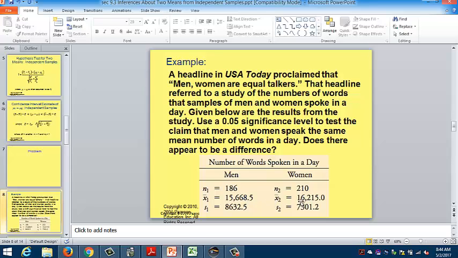Or this sample mean was 16,000 some. Now, I don't know what mu1 is, and I don't know what mu2 is. But the question says, does there appear to be a difference, right? The original claim, I guess, is right here. Men, women are equal talkers. I think how I would translate that, and let me zoom out a little bit, it's a little too big.